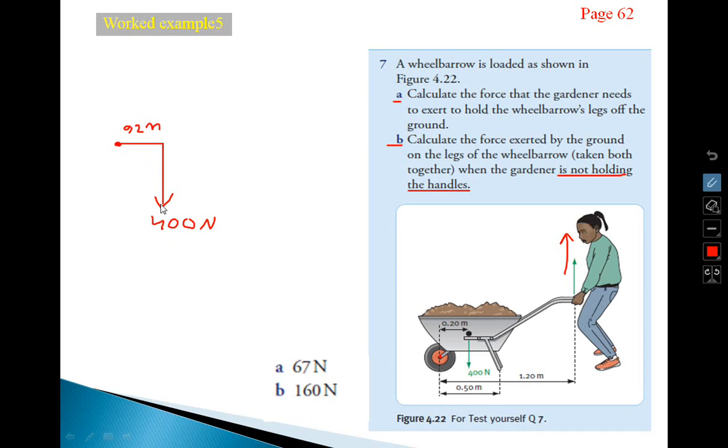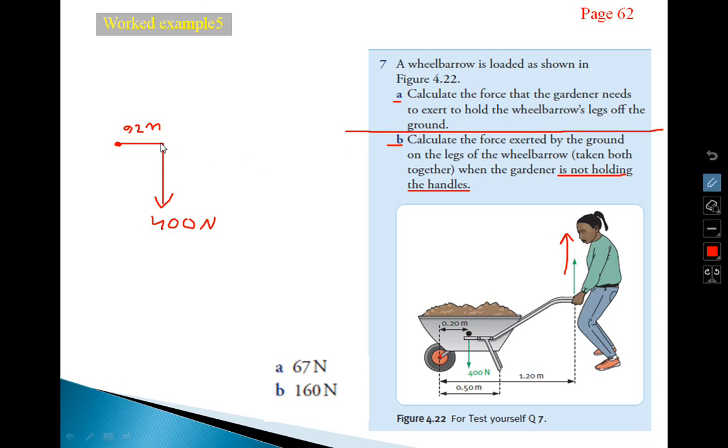For section A, we are not talking about the force exerted by the ground; we are just looking for the force the gardener needs to exert to hold the wheelbarrow's legs off the ground.